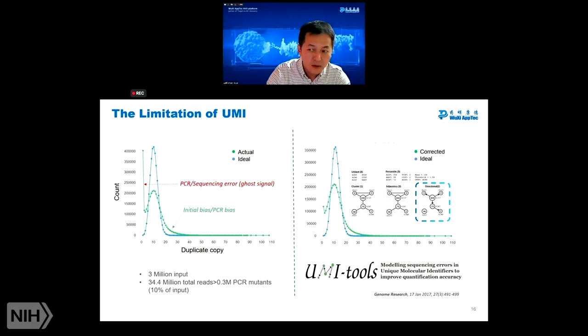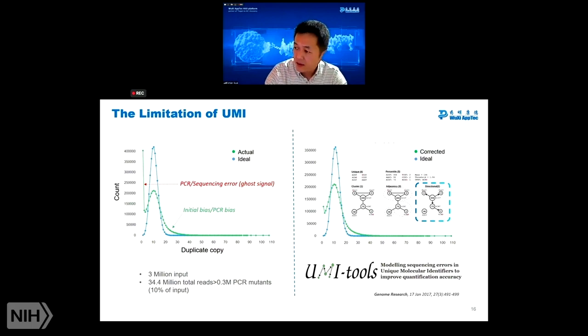So there is a way to actually reduce this mutant, and there is a paper published in 2017 that summarizes a lot of UMI tools that deal with this PCR mutant. This collection of tools is also adopted by Illumina, and these tools are provided with the sequencing services.